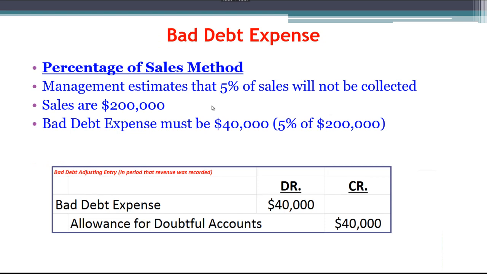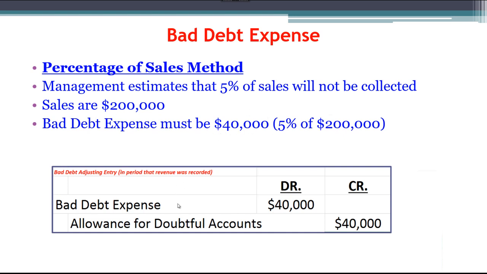So let's dig through the percentage of sales method. Here we're saying that management estimates that 5% of sales will not be collected. By the way, when you're dealing with these types of questions and entries, they'll give you the percentage. That comes from management, it comes from actuaries, so they'll give you the estimate. Sales are $200,000. We think that 5% of those sales won't be collectible. So multiply the two together, we get $40,000.